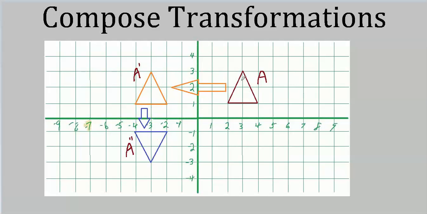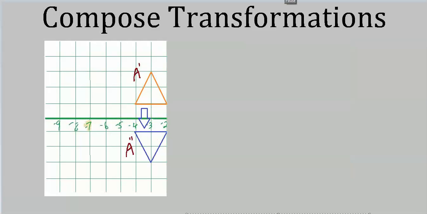If we don't look at this, now this part here doesn't exist. Well, fine. We have an object here, in this case a triangle, which we reflect. The fact that it came from some other transformation seems kind of irrelevant. And in fact, it is irrelevant.